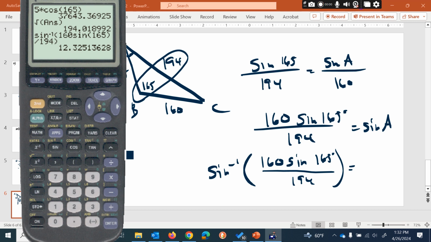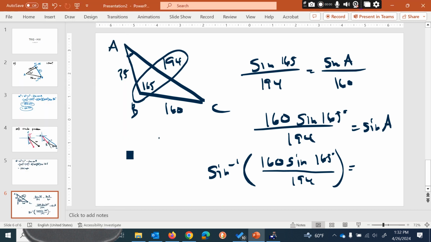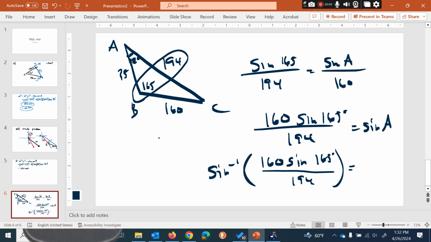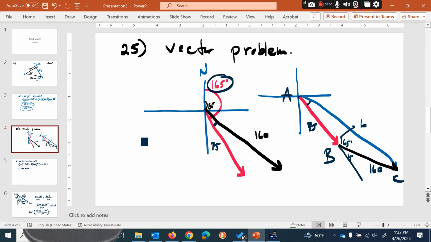So I got 12.3. I'm going to go with 12. So this guy now is 12 degrees. Okay, so remember originally, if we go back over here, this was 165. So now it's 165 minus the 12. Originally, because what we did is we kept the red arrow right on our grid system, so everything is controlled from there.